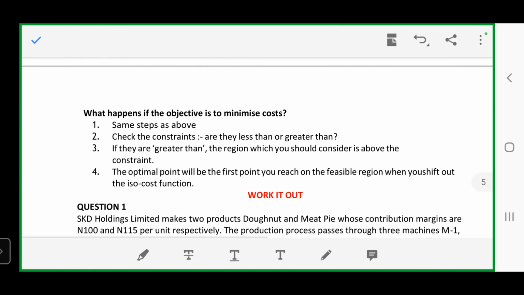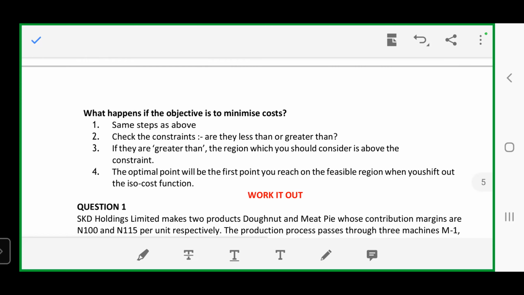Not that in everything, because we want to minimize the cost, we now say it should be greater than. No, we need to check the constraint. Are we using a greater than constraint or a less than constraint? You already know that whenever we are maximizing the contribution, our total resources must not be more than the available resources. But in a situation whereby the cost needs to even exceed that, what will we do?